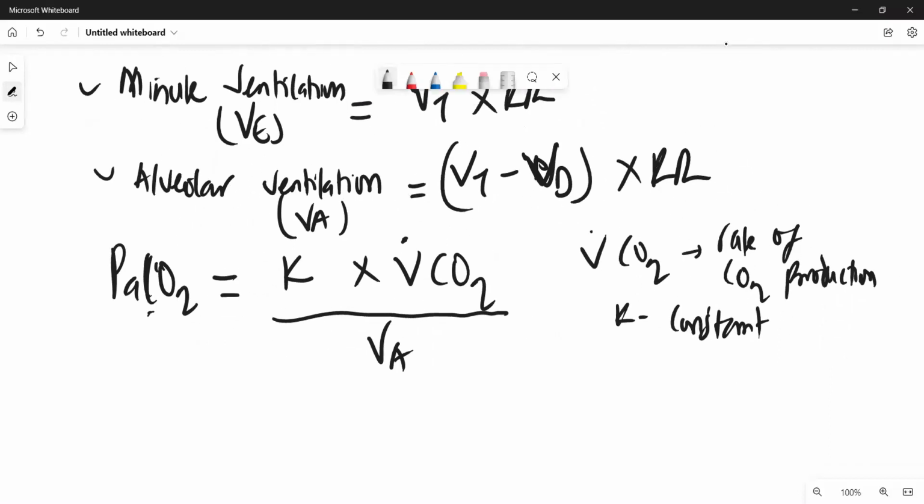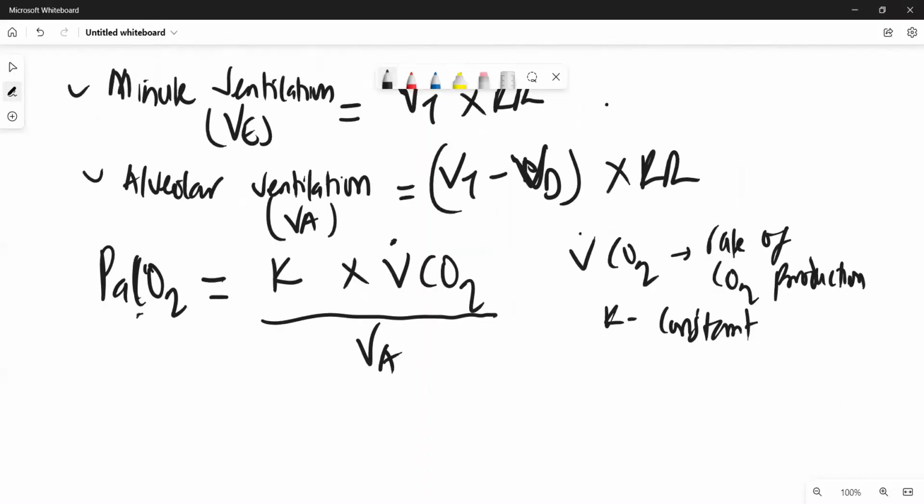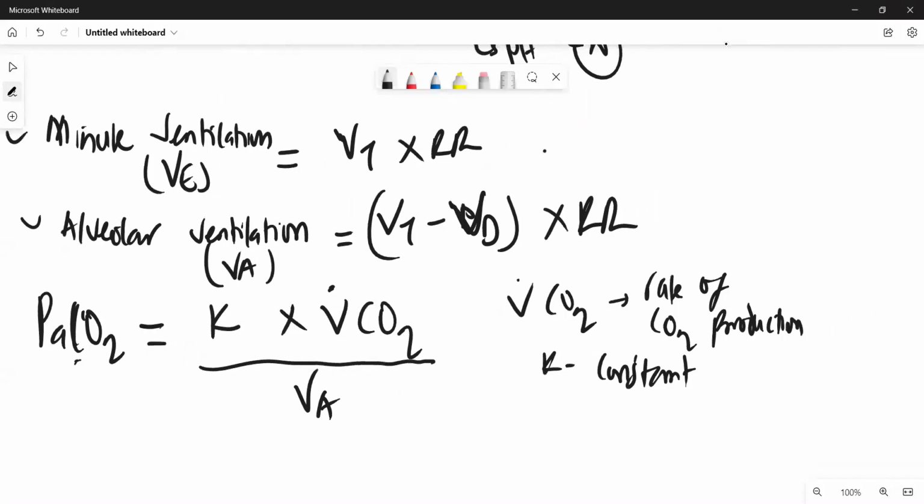So before we continue on this formula, when we look at our VA, like we said, VA, which is the alveolar ventilation, equals our tidal volume minus dead space multiplied by respiratory rate. Also, ventilation equals tidal volume multiplied by respiratory rate, right? And when we talk about ventilation, we always say ventilation is a word for carbon dioxide.